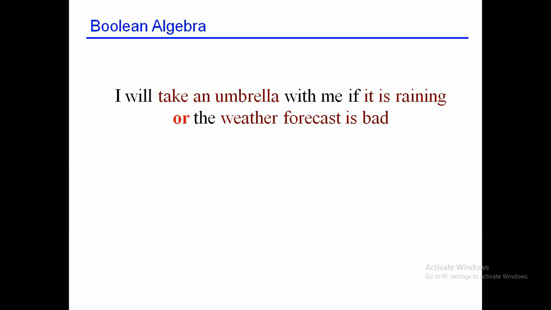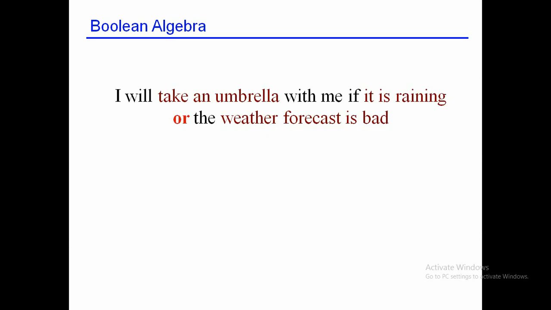In Boolean algebra, here we take one example related to an umbrella, the rainy season, and a bad weather forecast. Here we take one sentence: I will take an umbrella with me if it is raining or the weather forecast is bad.